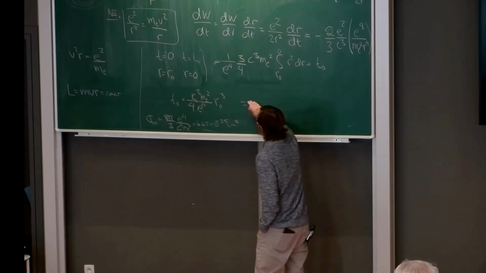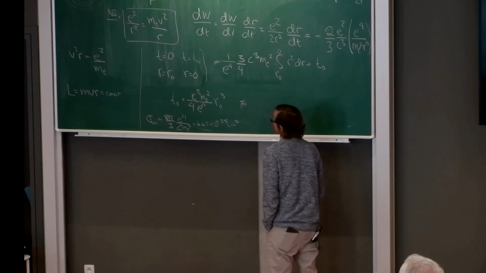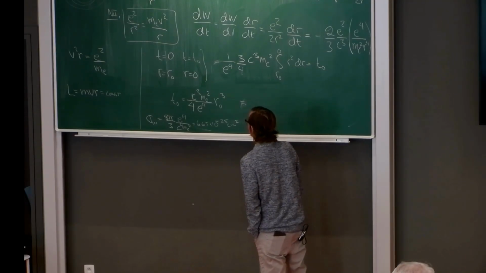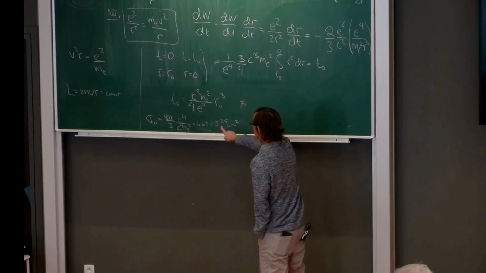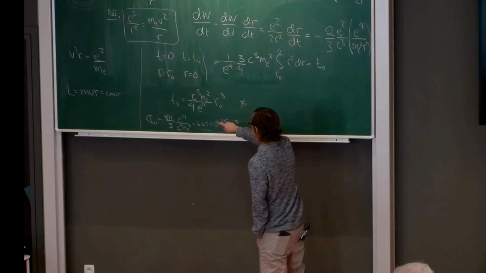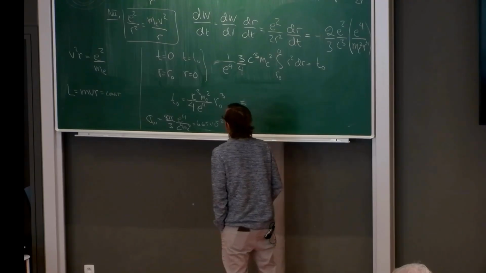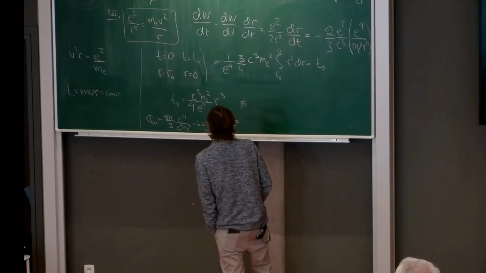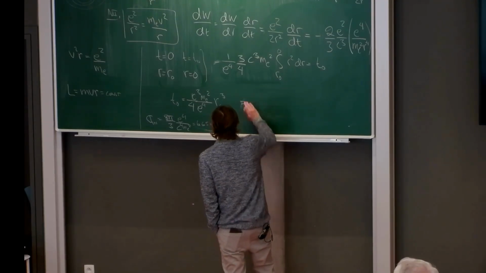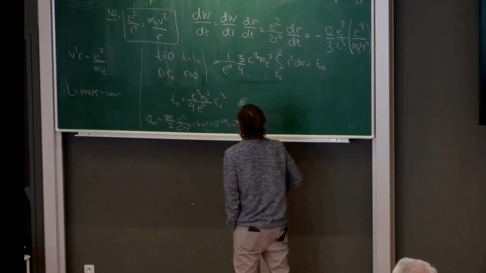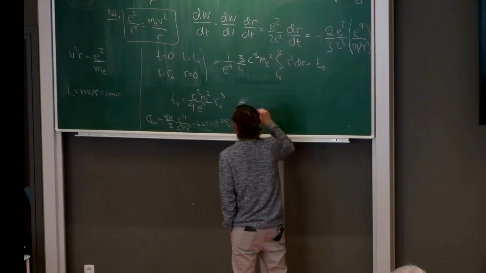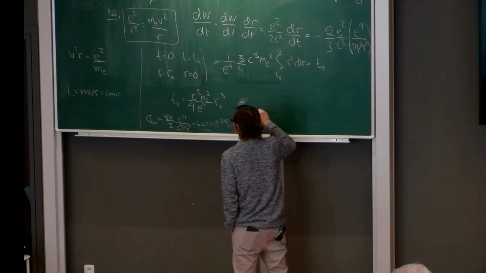So we can just rewrite this in a form that is essentially c^4, m_e, e, and then we have 8 pi divided by 12.